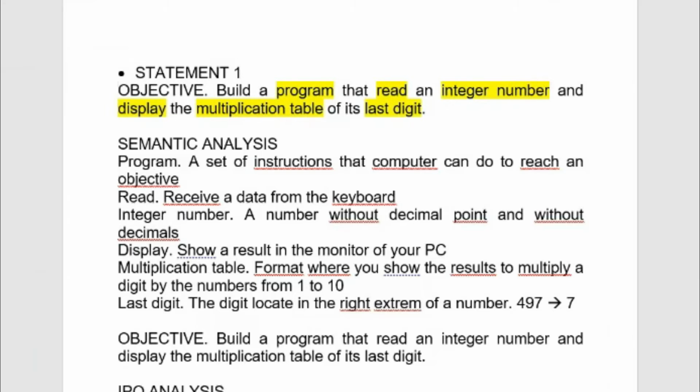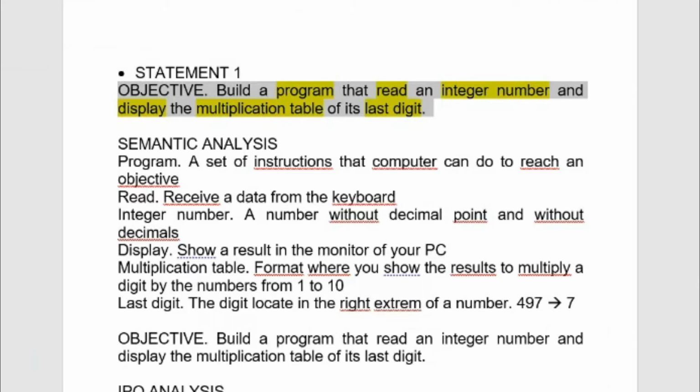And remember, if you don't understand what is the objective, can you really do a program that solves or reach that objective? That is impossible, absolutely impossible. So first, you have to think, I have to understand the objective, and then I can do the program.